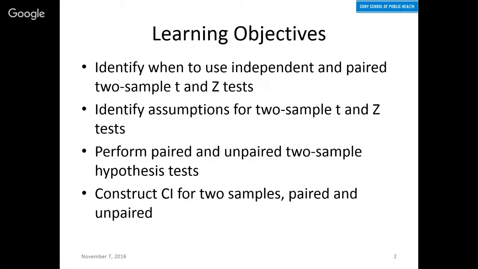And we're going to move on to two sample tests tonight, where instead of comparing one sample to a hypothesized population, we're comparing two samples and a null hypothesis of whether they seem to have come from the same population. So we'll cover that for both independent and so-called paired tests with the T and Z distribution, along with their assumptions and associated confidence intervals.